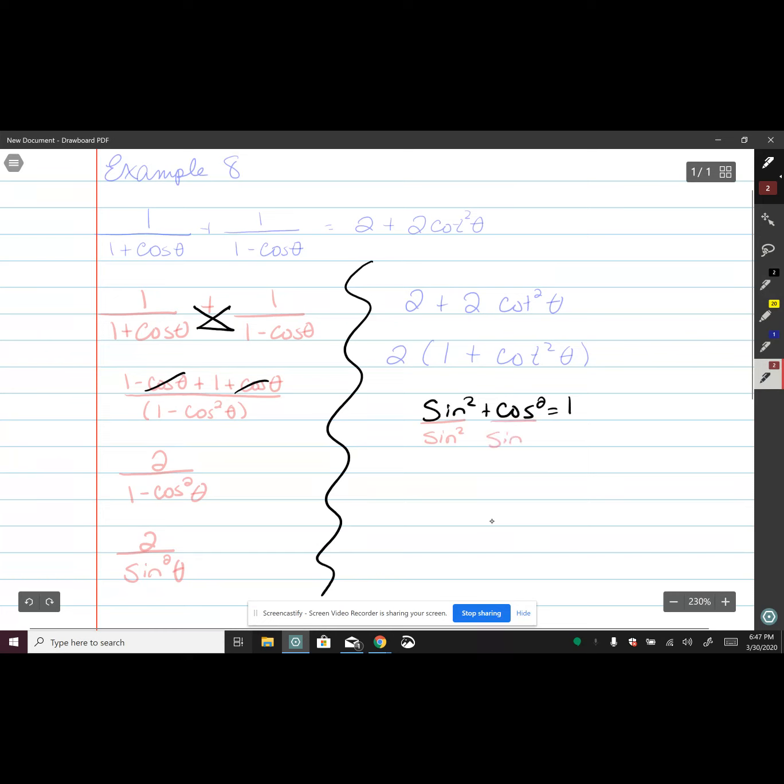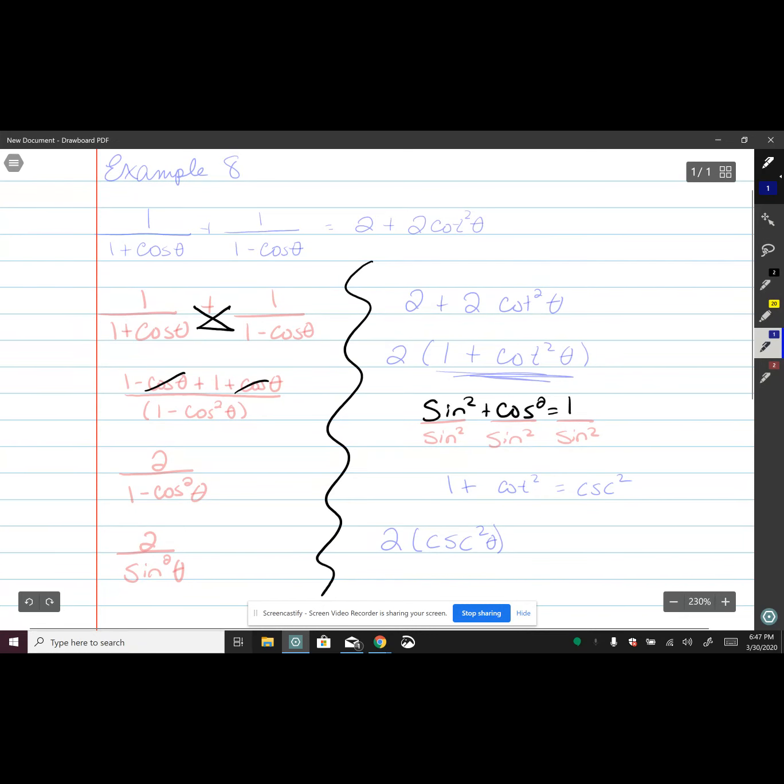There's a sine squared there and a sine squared there. We wind up with 1 plus cotangent squared is equal to, what is 1 over sine squared? That would be cosecant squared. So we know that this piece right here is the same thing as 2 times cosecant squared of theta.